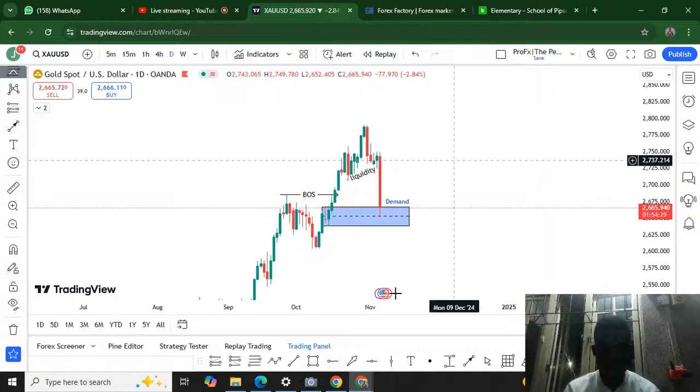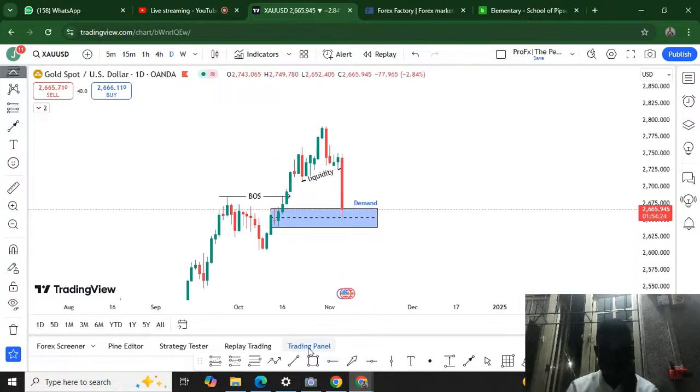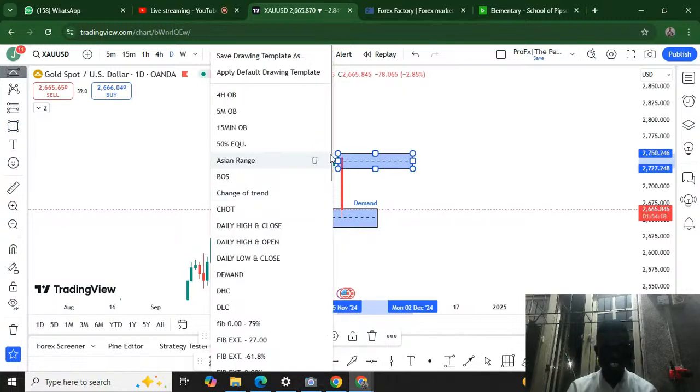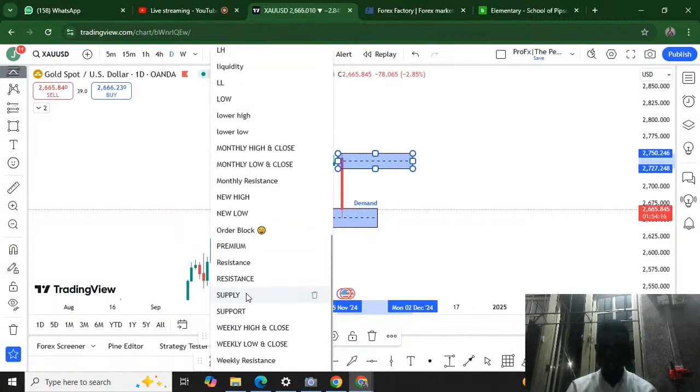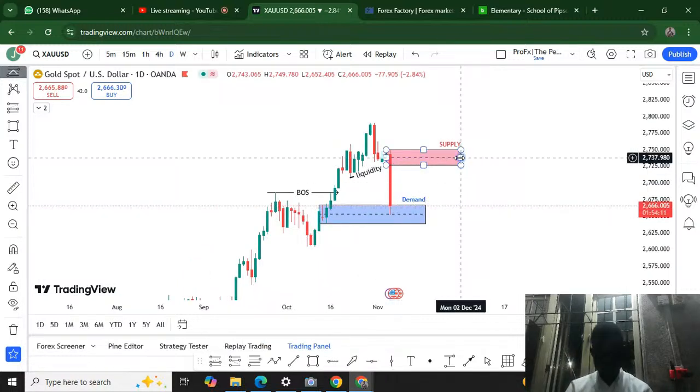So what we're expecting now, Seb, is a buy to this supply again. Okay, this is daily, right? So don't worry if you miss one move, the next move will give you.